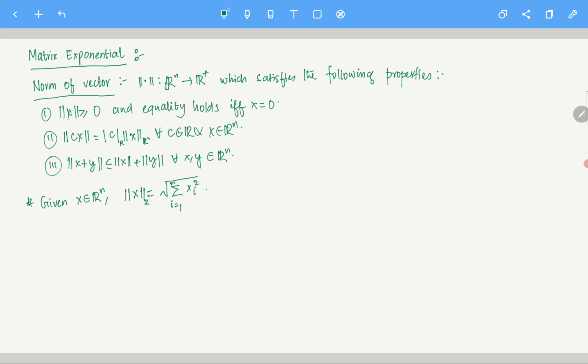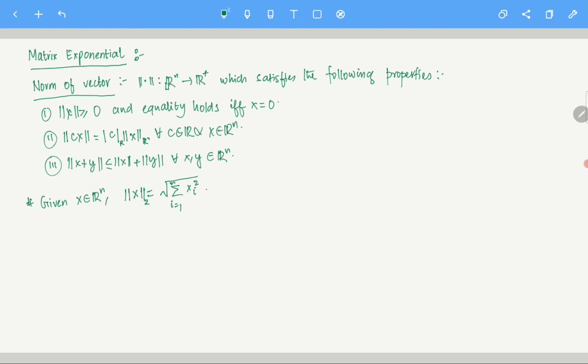Of course you can define the infinity norm, the 1 norm and any Lp norm. How do you define a p norm? You just replace 2 with p, so this is p and this is the pth power, 1 by p essentially. You guys are familiar with these things, so I'm not spending much time there.